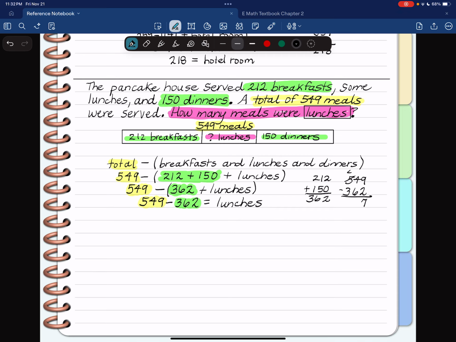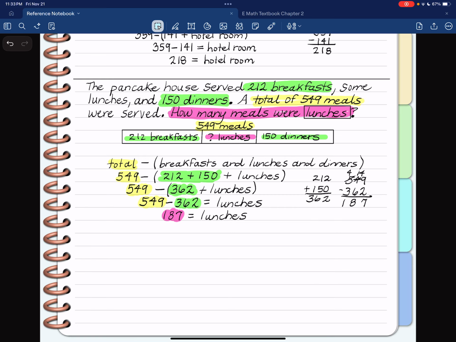Have to borrow here. 14 minus 6 is 8. And 4 minus 3 is 1. So that leaves me with 187 lunches. And that was the missing number. Now they're going to ask me which model is the best. So let me take a picture of this.